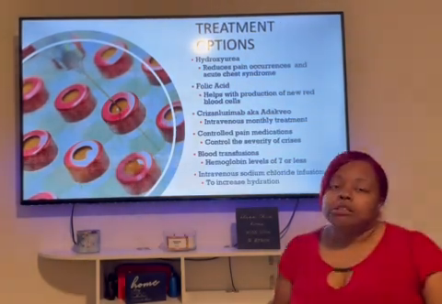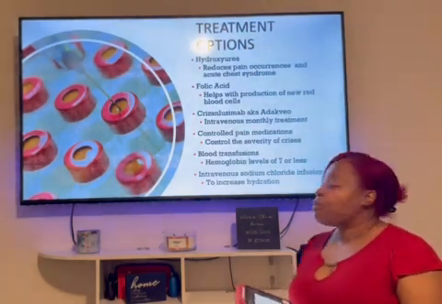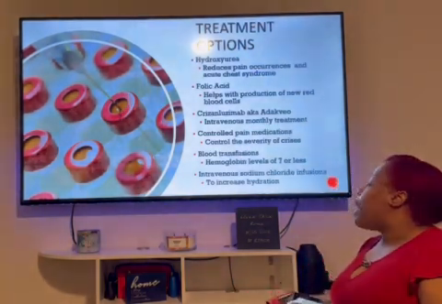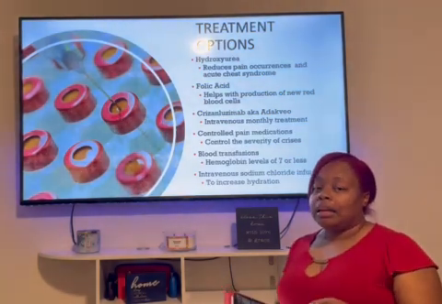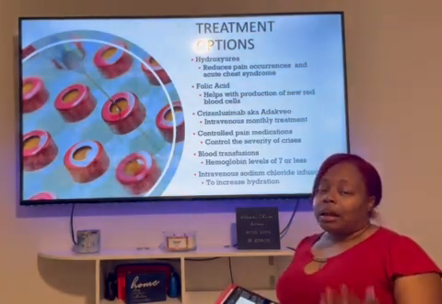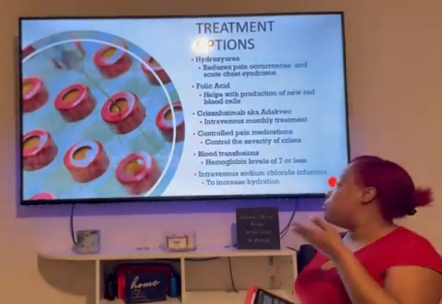According to my doctor, sometimes it can cause hemochromatosis, which is an increase in iron. So you go from being anemic to possessing a lot of iron in your body. And it can be caused by the blood transfusions.